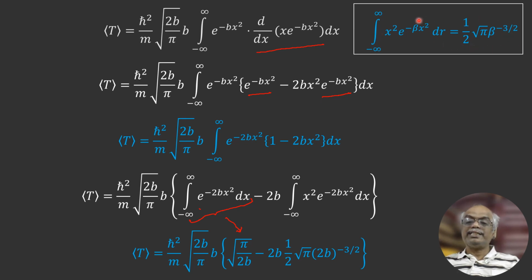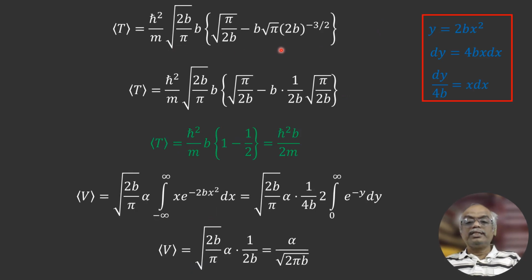So I am replacing 2b as beta, that is, instead of beta I am putting 2b. The other terms I am taking out, the square root of pi into 2b to the power minus 3 by 2. Now you can cancel this 2 and 2, and here also cancel the 2 and 2. So now we will solve this problem.